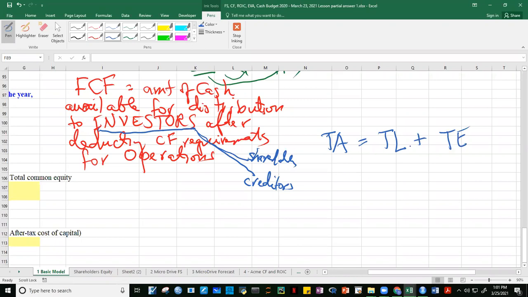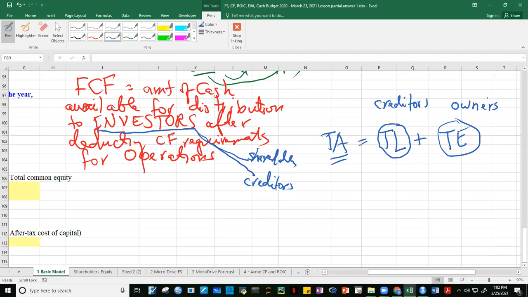It just tells us, guys, that any resource of the organization is either financed by debt, inutang nila, or by contribution of the owners. So this is the contribution of creditors, and this is the contribution of the owners.